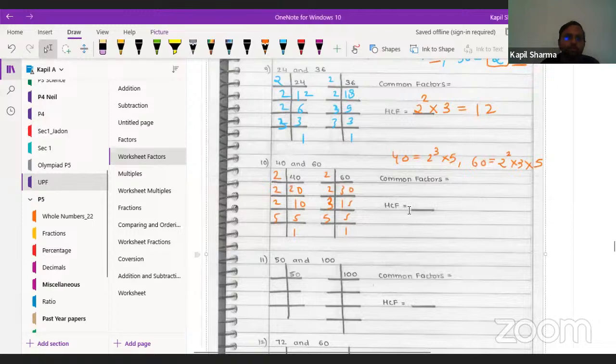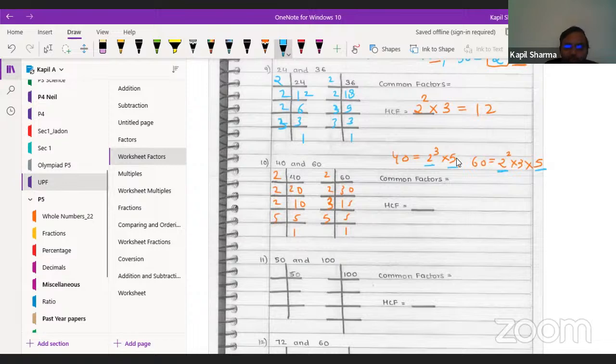Okay, so Devika is saying 10. It's 20, Devika. See, try to understand. First, look at the common prime factors. So you can see 2 and 5. And then the smallest power of these prime factors.